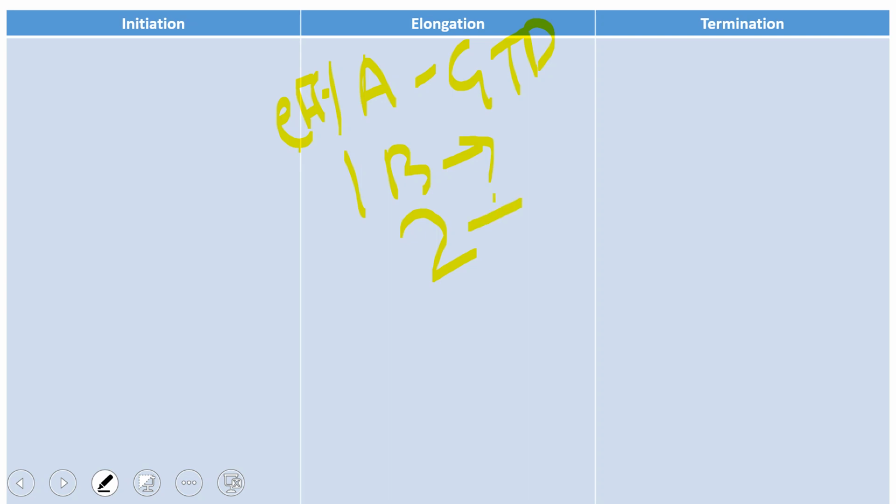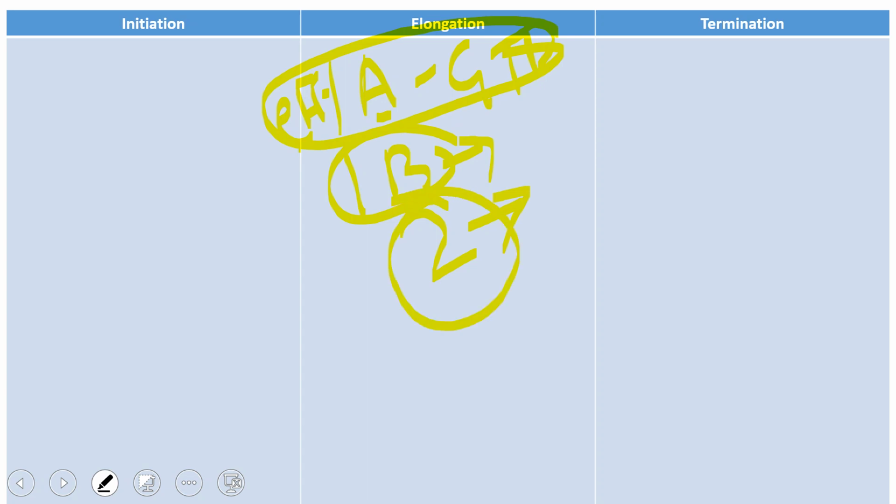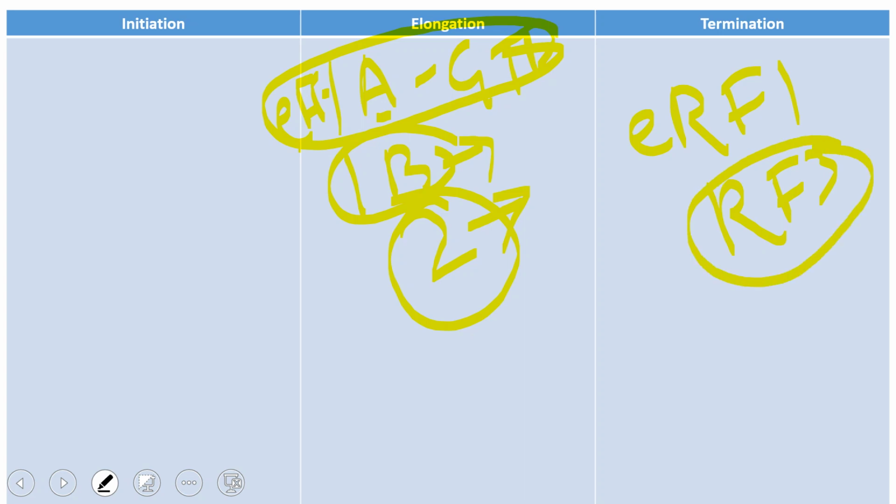This 2 is for translocation. This one is for every new amino acid that will come on the tRNA. This is just to reactivate recycling of the 1A, and this is for translocation. In termination, we have only one factor, that is eukaryotic releasing factor 1. We have RF3 also, but this helps in the translocation reaction.